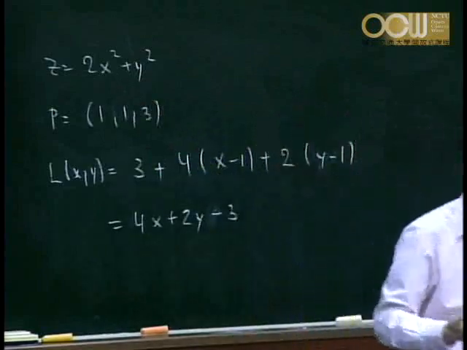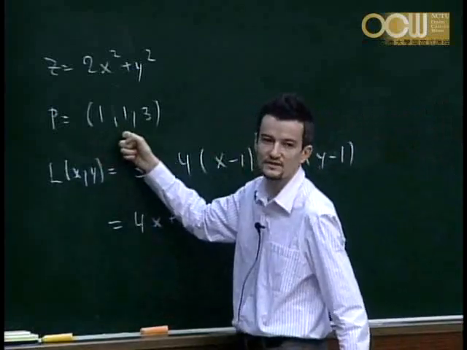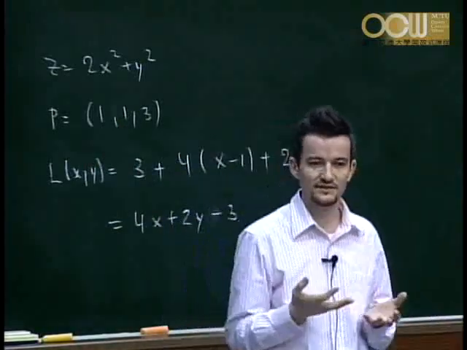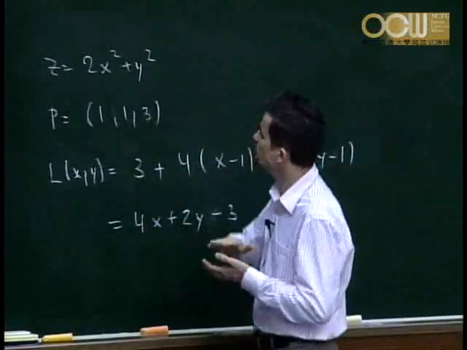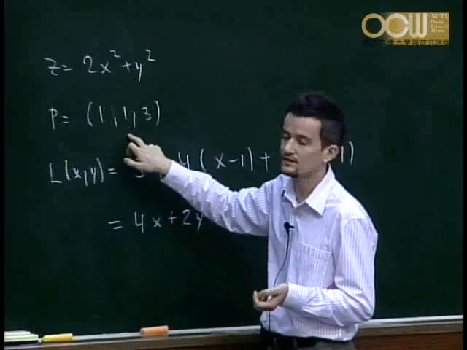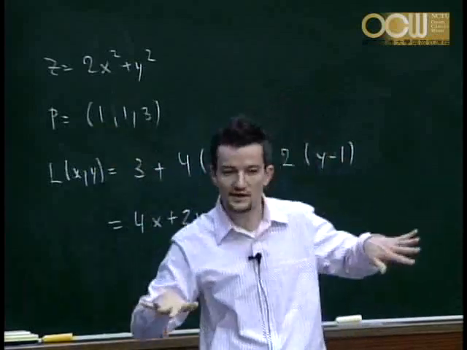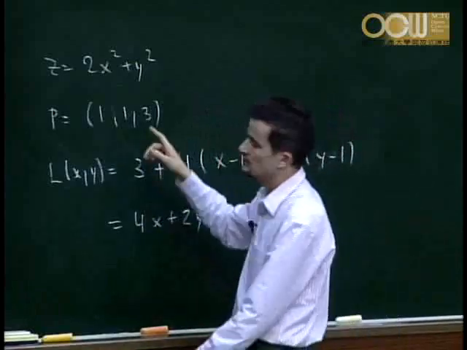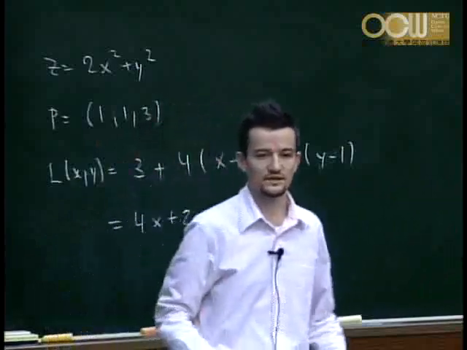As x and y get closer to (1, 1), the tangent plane behaves more and more like the function. Or in other words, if you plot this function over a very small viewing rectangle around (1, 1), then as you make it smaller and smaller, the function looks more and more like a plane. So in this case, the tangent plane is a very good approximation of the original function.